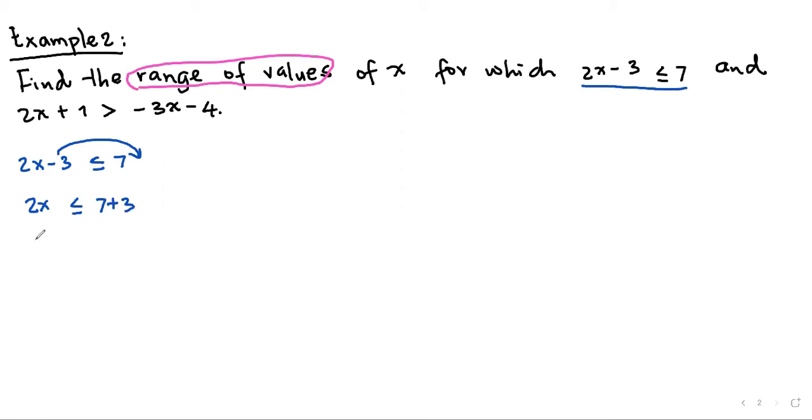Then we will have 2x is less than or equal to 10. On both sides, we divide by 2 so that this will be 1 and here we get 5. So it means that x is less than or equal to 5. Is that okay?